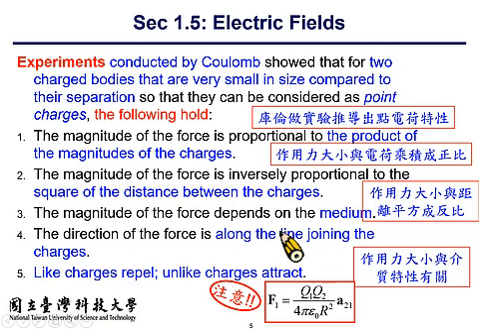What is the value? 8.895 times 10 to the minus 12. Well, if you teach electromagnetics for 20 years, of course you can memorize this kind of constants.